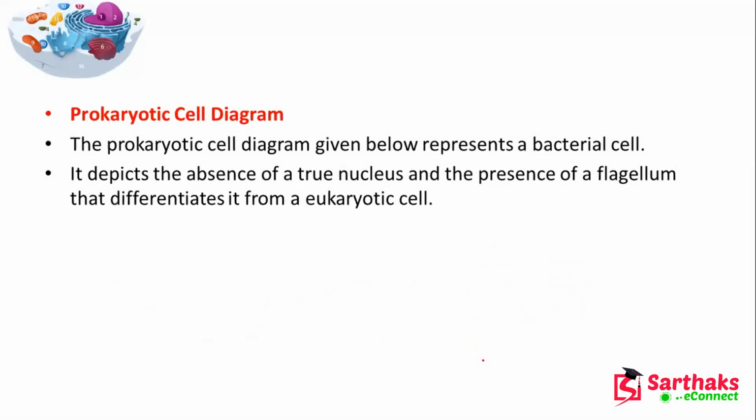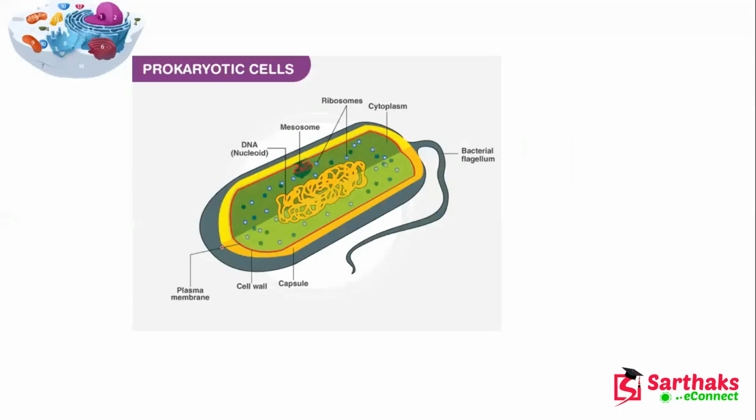Now, the prokaryotic cell diagram. Here we can see that the absence of a true nucleus and the presence of flagellum differentiates it from the eukaryotic cell. So, till now we have studied one thing. This is the capsule, which gives protection from moisture and other hazards.